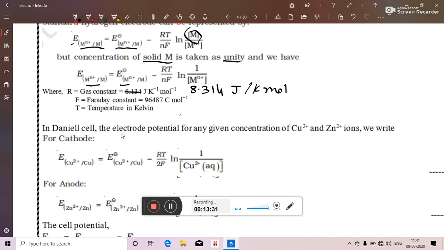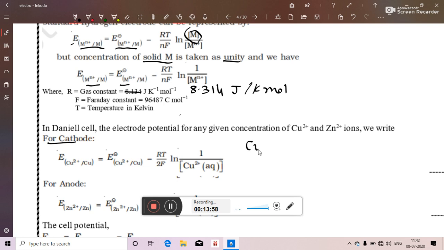Now in the Daniell cell, the electrode potential for any concentration of Cu2+ and Zn2+ can be written as follows. For the cathode, the non-standard reduction potential from this equation is E of Cu2+/Cu equals E° of Cu2+/Cu minus RT upon nF.